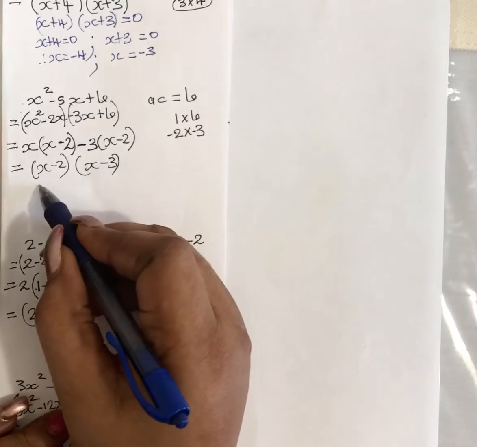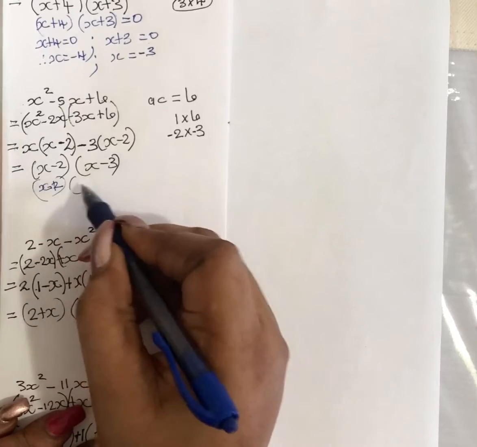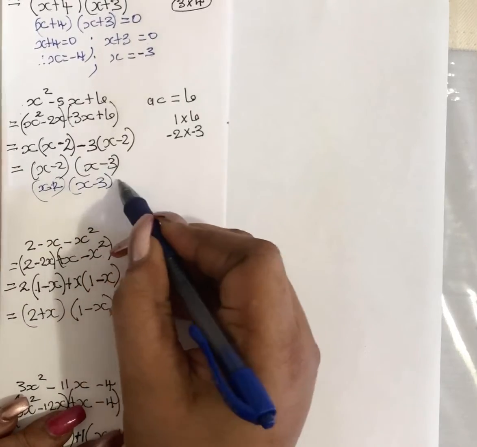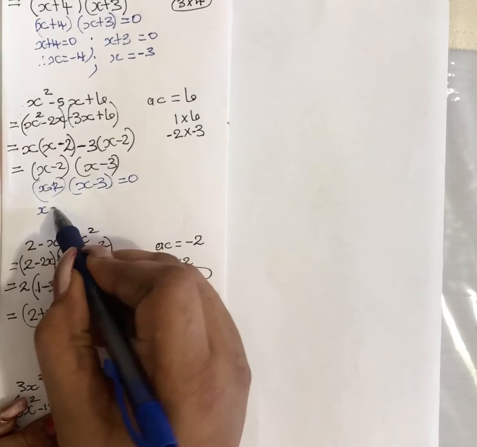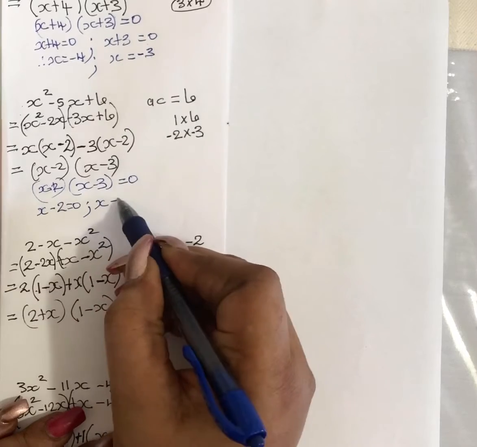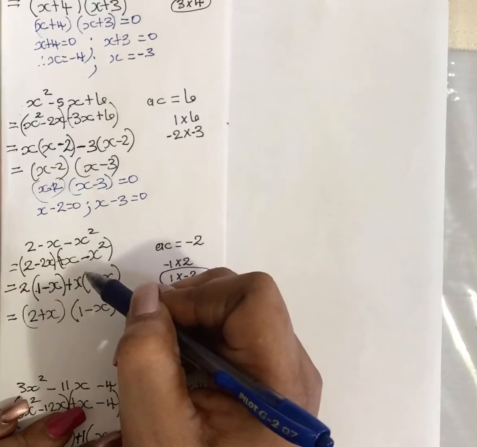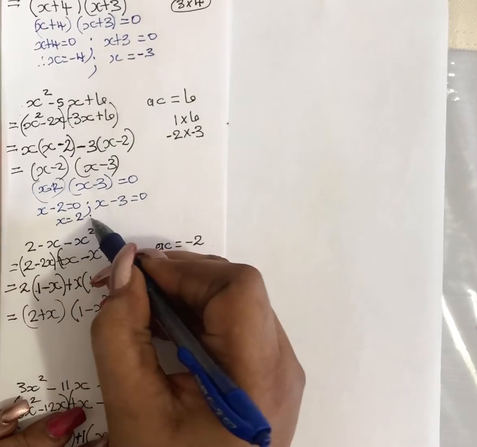Let us look at our second question. The exact same method will apply. x minus 2, x minus 3, make it equal to 0. And then you take each part and make that equal to 0. When negative 2 goes across, it becomes a positive 2.